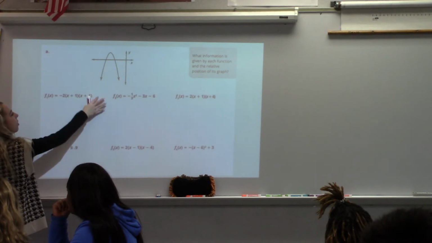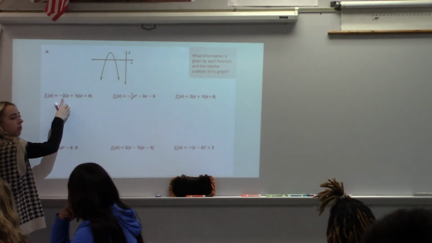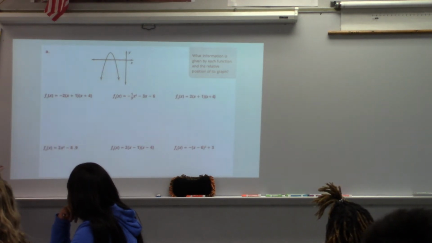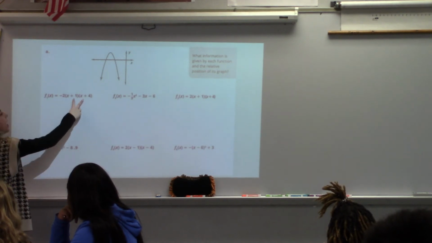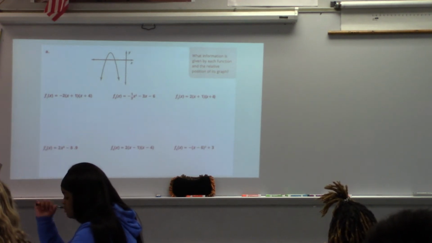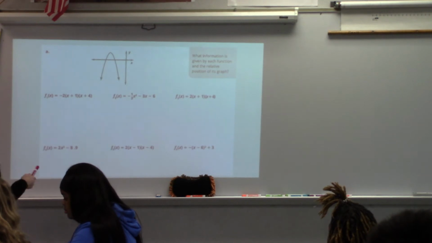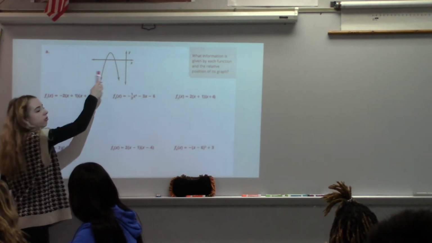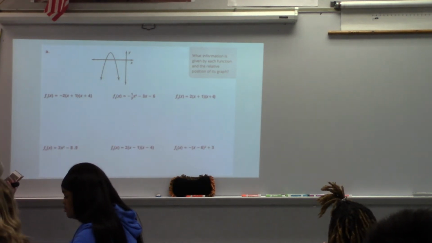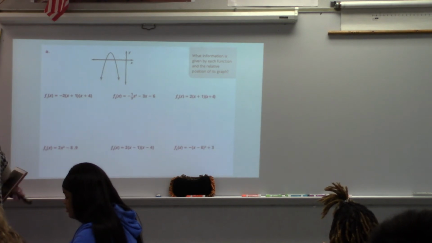If I'm looking at this equation, it tells me the concavity is going to be negative. So far, this could be possible. What would the x-intercepts be from this equation? Negative 1 and negative 4. Does this graph cross through somewhere on the negative x-axis? Yes. So could this be a possible equation for that graph? Yes.